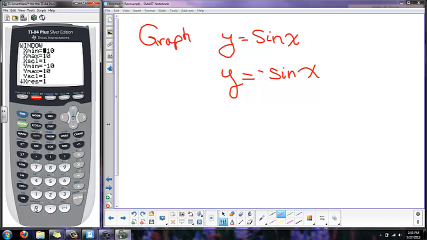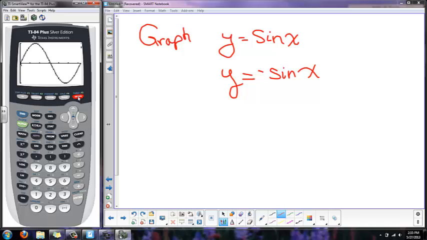My x minimum is going to start at 0, go all the way out to 2 pi, just like before. My y minimum is going to be, well, we're graphing this, so our amplitude is between +1 and -1. So my y minimum is going to be -1, my y maximum is going to be +1. Now I'm going to graph both of those on the same set of axes.